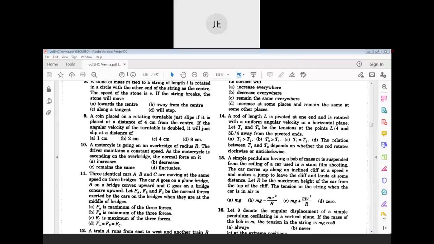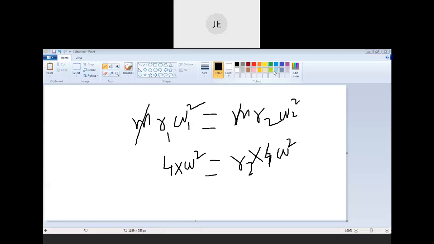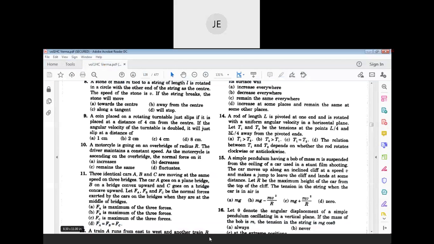You equate those two expressions and simplify. m gets cancelled, r1 is 4, r2 you have to find out, omega 1 is omega, omega 2 is 2 omega. 4 gets cancelled, and omega square gets cancelled. So r2 is equal to 1 centimeter. Yes, correct answer. The option is A.